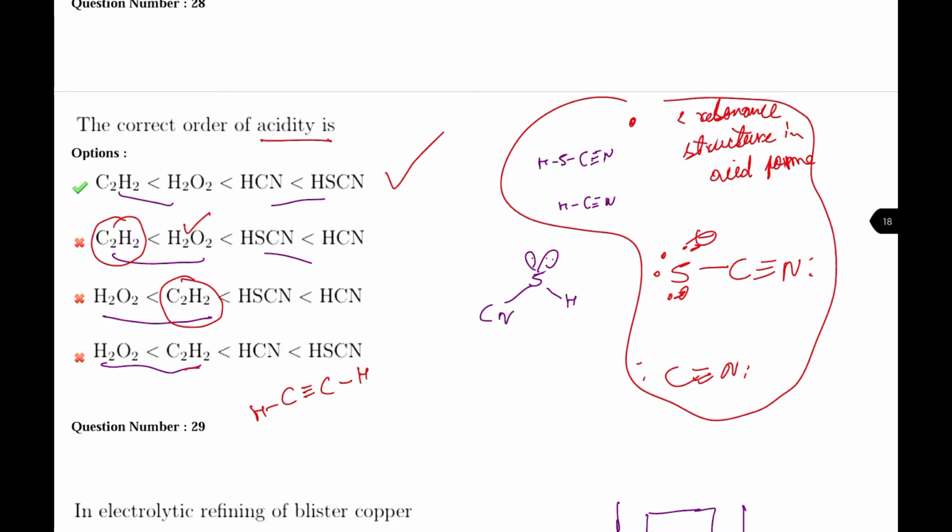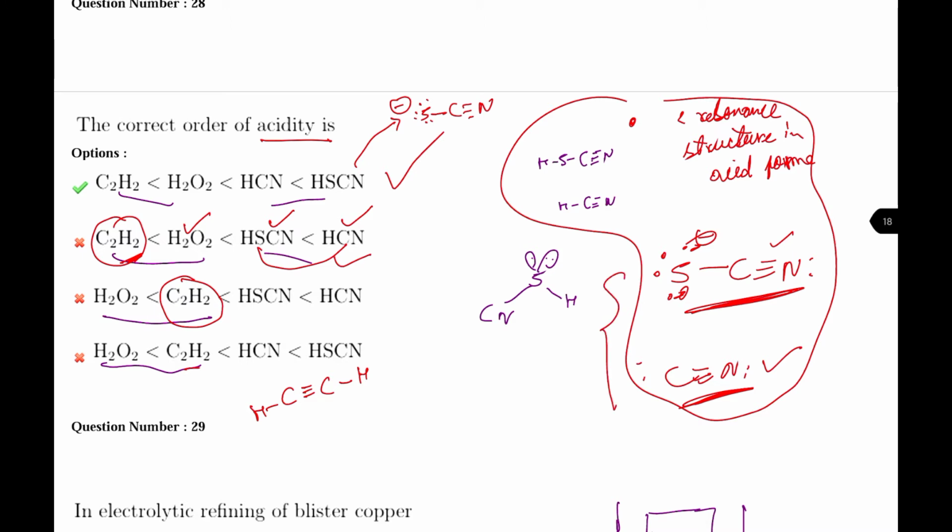So hydrogen peroxide has one acidic hydrogen, right, and this ethyne, but as compared to HSCN and HCN, these are definitely stronger acids. Why? The point here lies in the formation of the conjugate base. So when these react, the conjugate bases formed are like this, right? This has already been drawn here. So these conjugate bases are generally stable.